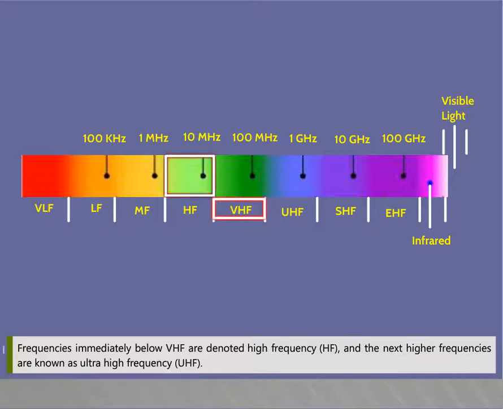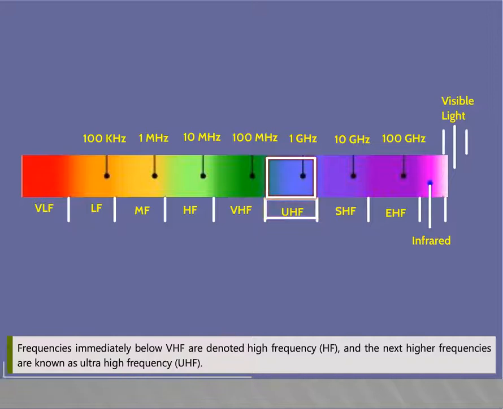Frequencies immediately below VHF are denoted high frequency, that is HF, and the next higher frequencies are known as ultra high frequency, that is UHF.